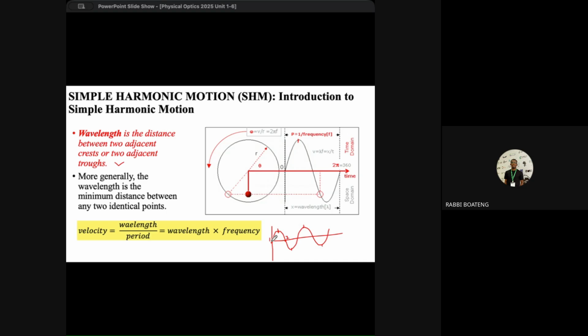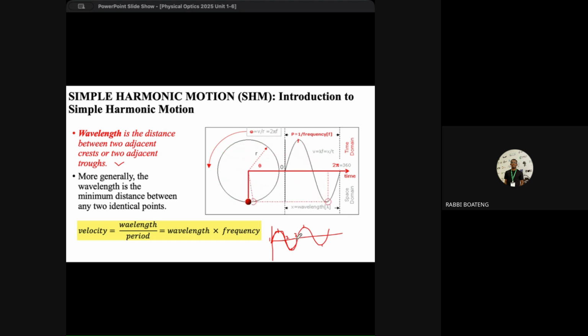Now, if I start from 1, go to 2, then come and end up here as 3, how many cycles have I completed? A full cycle. I've completed a full cycle, thank you. So I start from here, I end up here, this is half. I complete another half here.